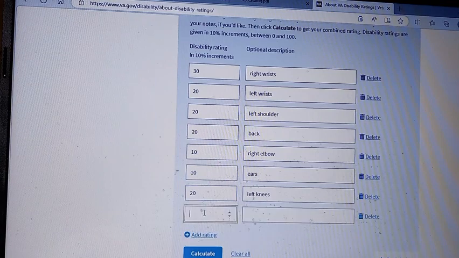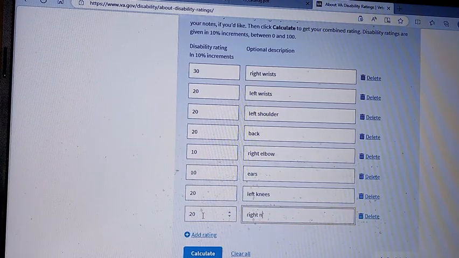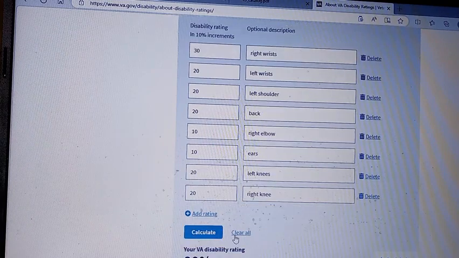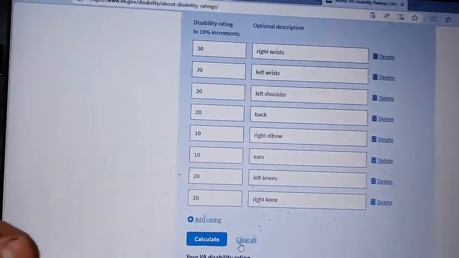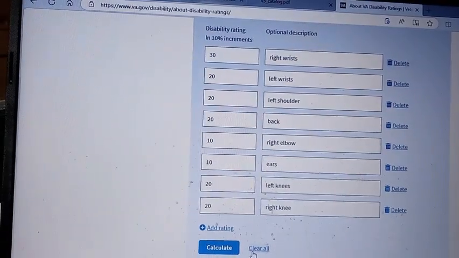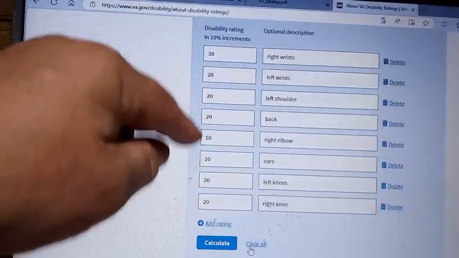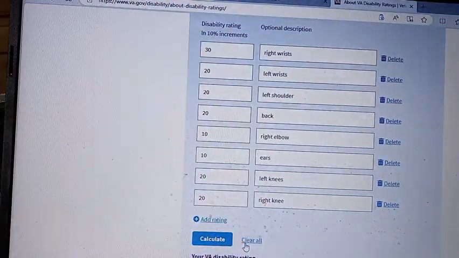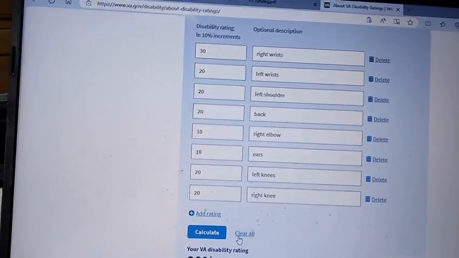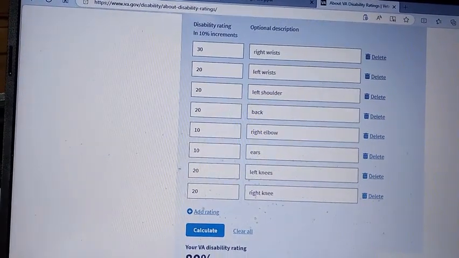Add rating. 20% right knee. Add rating. I messed up again, or I think I'm skipping something, because it shows me at 80% and I'm at 90%. Anyway, y'all see what I'm getting at.